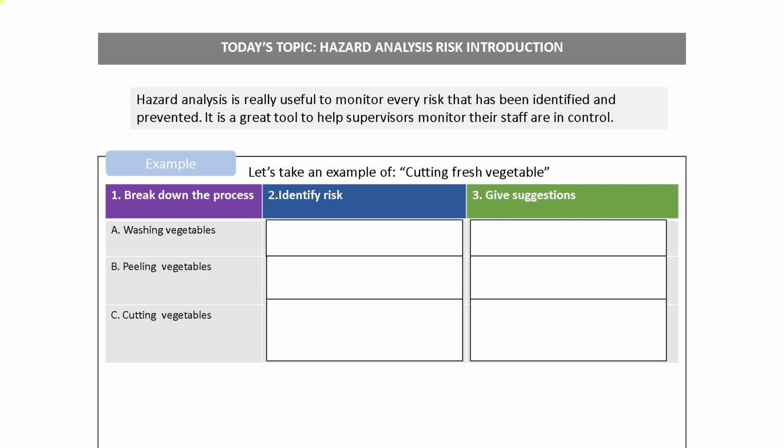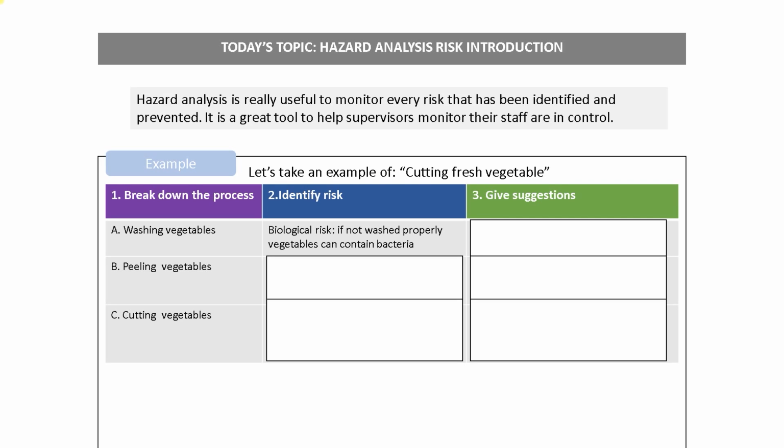After the breakdown, I need to identify the risks that can occur at that point. For washing vegetable, there is a biological risk as if the vegetables are not washed properly, vegetables can be contaminated and contain bacteria.